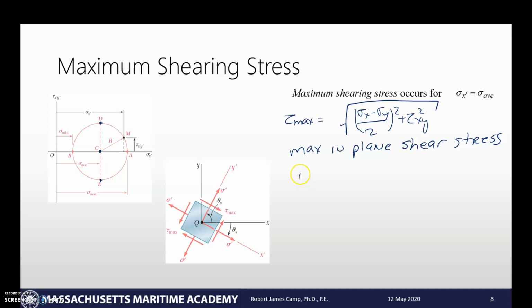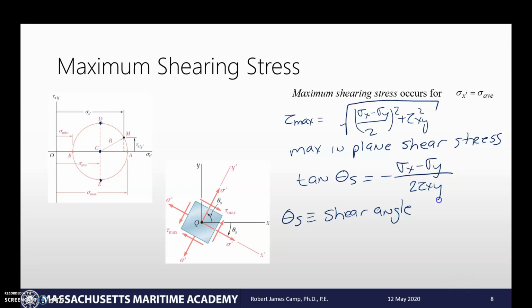And we can find that angle, so tangent of 2 theta s, and we'll say theta s, we're going to define that, we'll call that the shear angle, or the principal shear angle, the angle that you need to move it to get the maximum shear stress, and that's going to be negative (sigma x minus sigma y) over 2 tau xy.